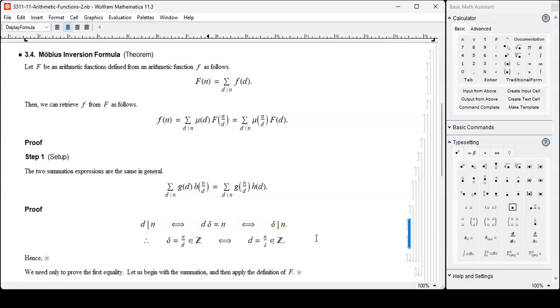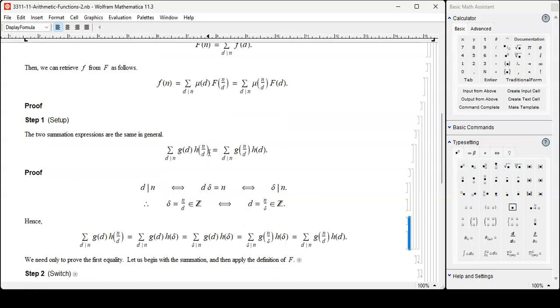Or another way to write the same thing, delta can be written as n over d, that's an integer. D is n over delta, that's an integer, because we have this divisibility. Therefore, the left-hand side here can be rewritten as n over d as delta. See, n over d is delta.